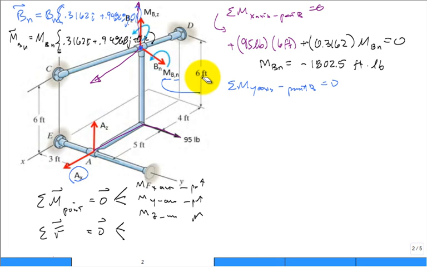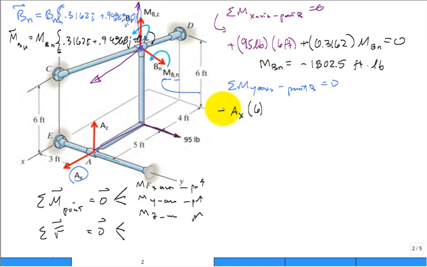Point B is 6 foot above point A. So basically we're going to have the magnitude AX times a moment arm distance 6 foot. Then I use my right-hand rule, putting my thumb in the positive y-axis direction at point B, and I'm thinking, does that make it want to rotate in a positive or negative sense? Negative. Okay, I feel like I should slow down, but I don't want to, I'll run out of time. Did you follow that?